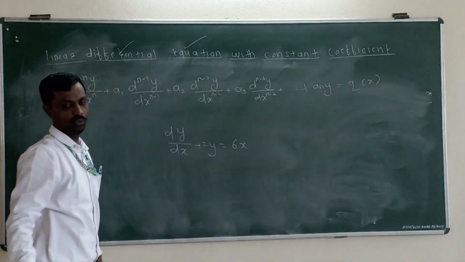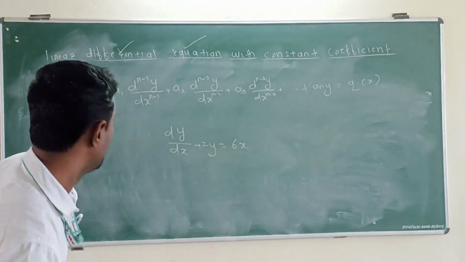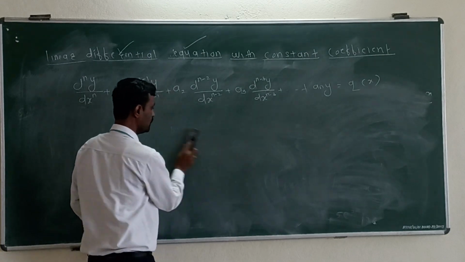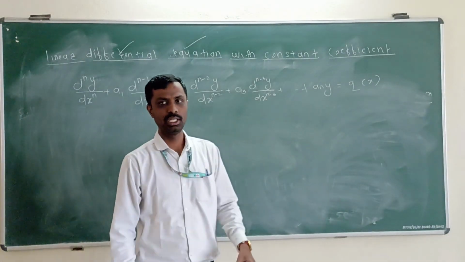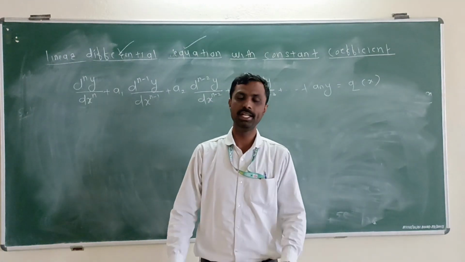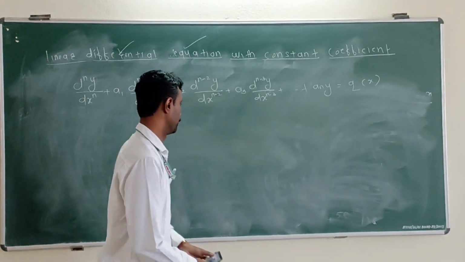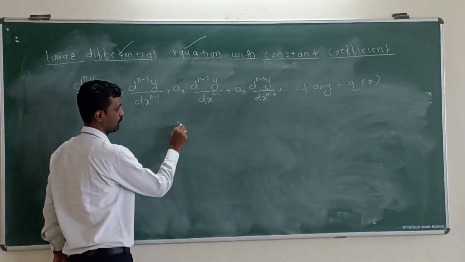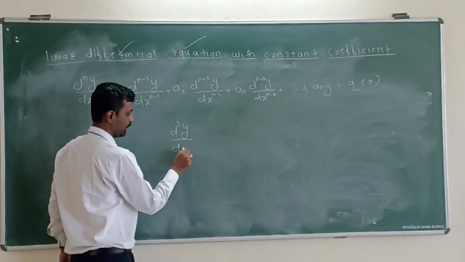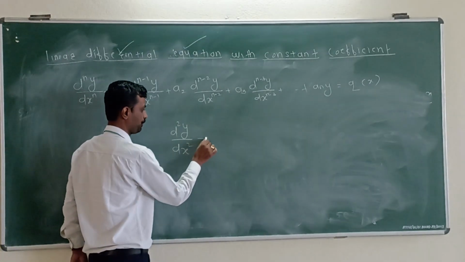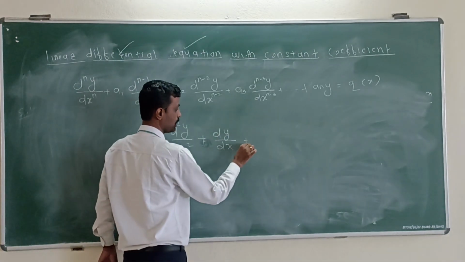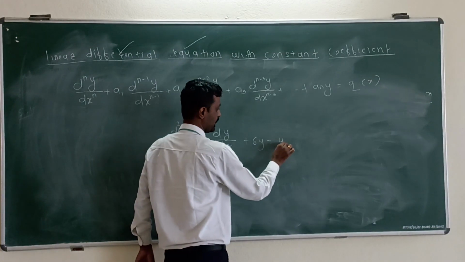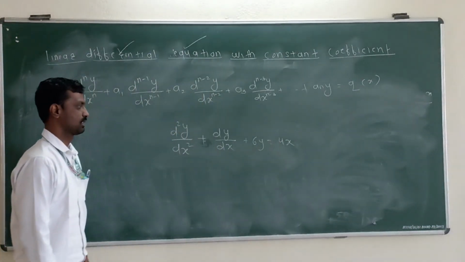Now, after that, we will see what is the meaning of linear. The linear concept is related to the order and degree. Suppose the equation is d2y by dx square plus dy by dx plus 6y is equal to 4x.